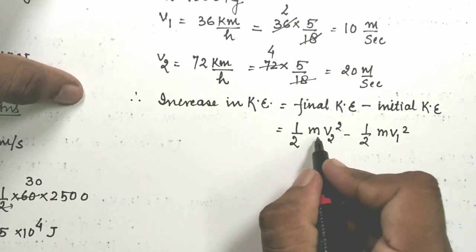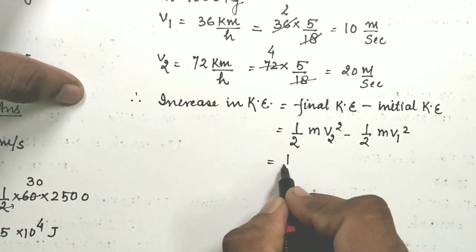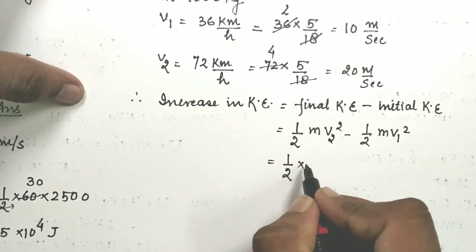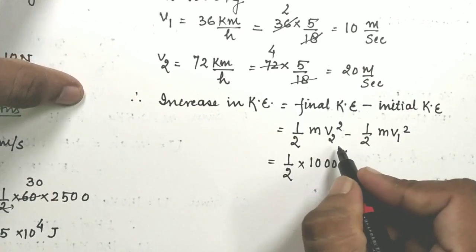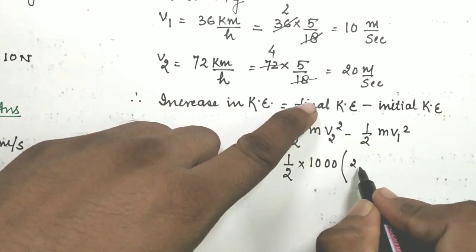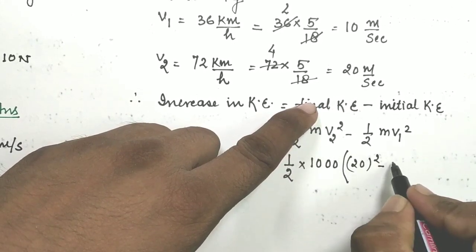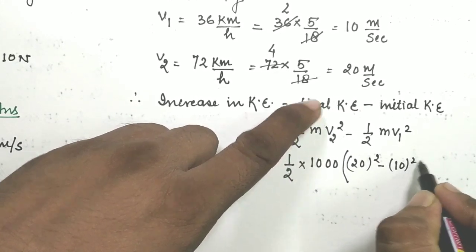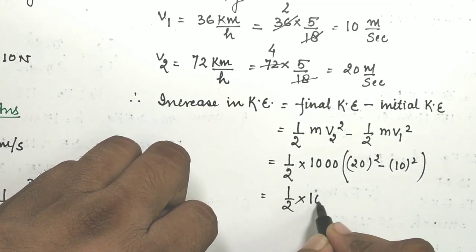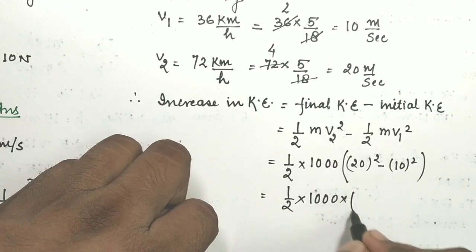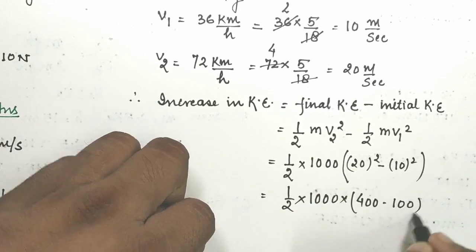In this condition, m is constant, the mass of the truck is constant, so we can take half and mass, that is 1000, as common. So v2, what is v2? That is 20 meter per second, so the square of 20, and then v1, that is the square of 10. So in this way we can calculate 1 by 2 into 1000 into 400 minus 100, that is 300.